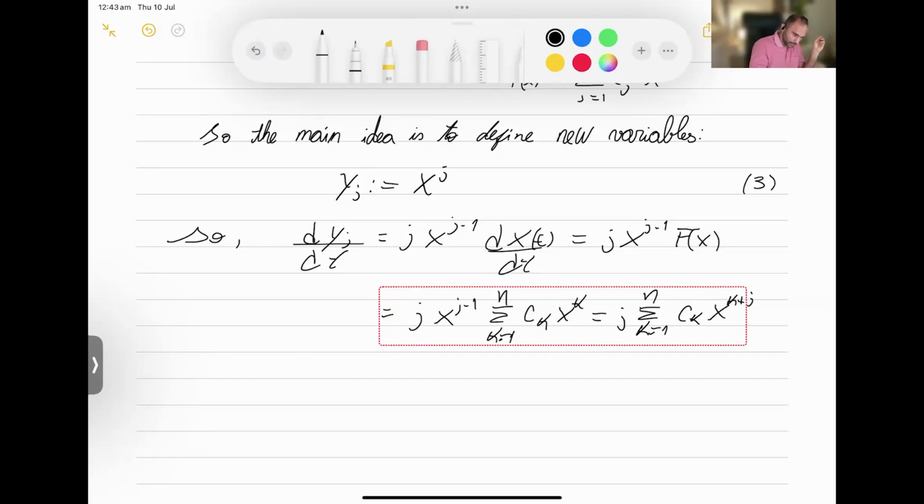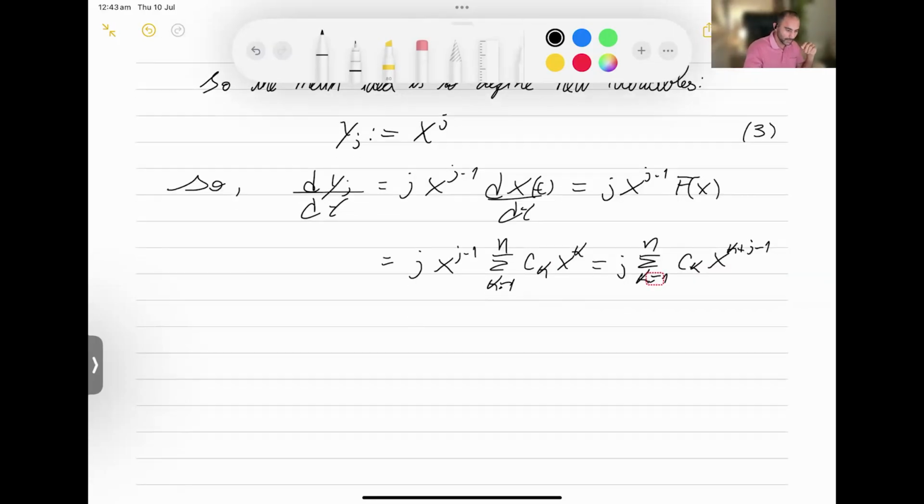I hope you can understand my handwriting, because my writing is already not that good, and on the iPad it's even worse. Then I can go back to the definition of the new variables. Everything is in terms of x, so I go back to y's. This implies that, in terms of y's, you have a linear combination of the new variables y.